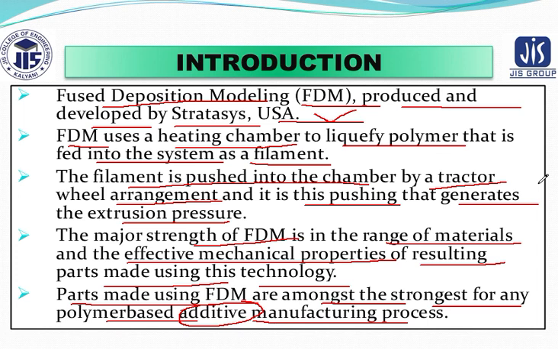Among all of them, the strongest polymer based additive manufacturing process is none other than fused deposition modeling, because it gives you the product with the strongest strength among polymer based additive manufacturing processes.